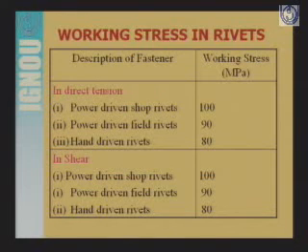For power driven field rivets, this is 10% less than power driven shop rivets, and it is 90 MPa. In case of hand driven rivets, a further 10% is reduced and it is 80 MPa.